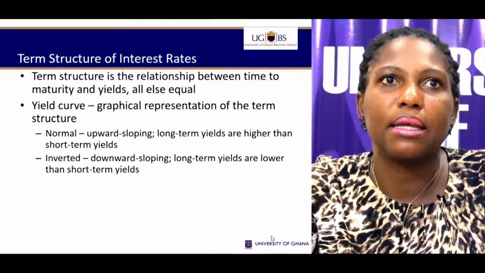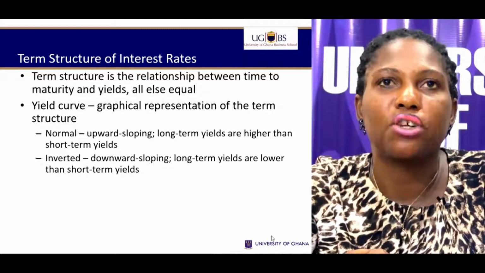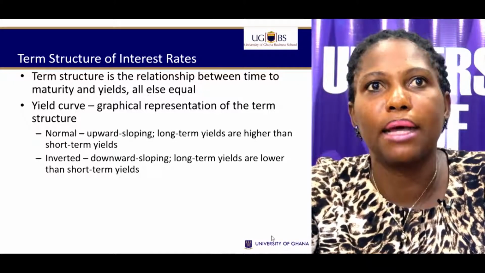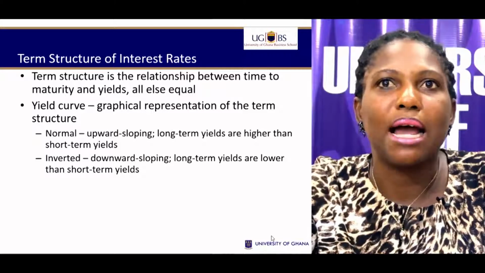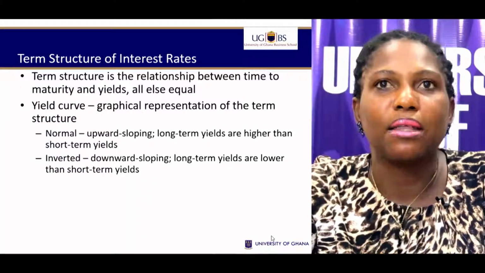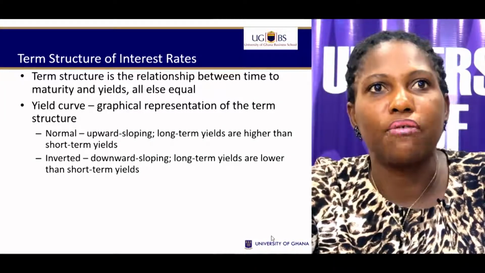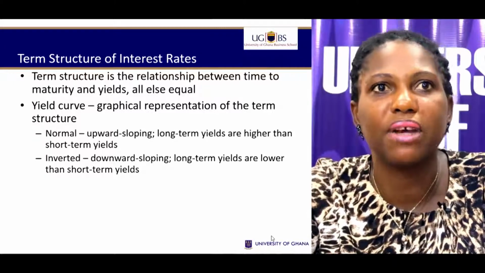Now, normally the yield curve gives a graphical representation of the term structure, looking at time and yield over time. Now, the normal case is upward sloping curves, because longer term yields are supposed to be higher than shorter term yields, because longer term contracts are laden with more risk compared to shorter term investments.